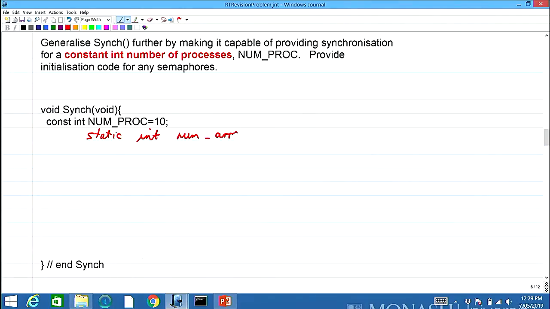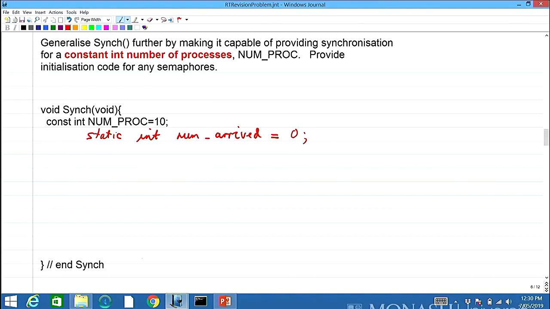So I would say we call this the number arrived. And being a static variable, you really have to initialize that here. So when we first start, well, there's obviously no one arrived, so that's easy, it's 0. Okay. Now, what do we do when we call sync to this number arrive?